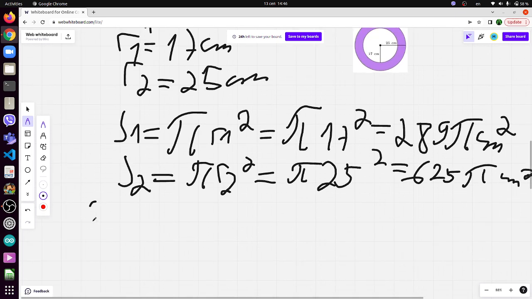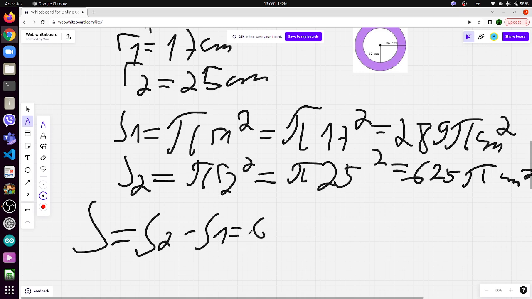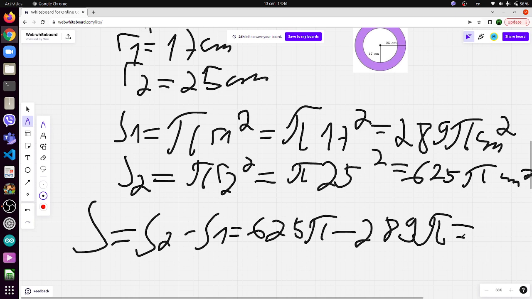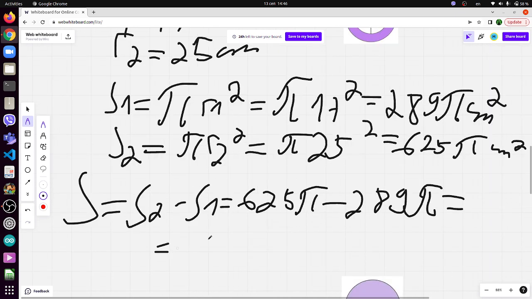So the area S is S2 minus S1, which is 625 pi minus 289 pi, which is 336 pi centimeters squared. That's our answer.